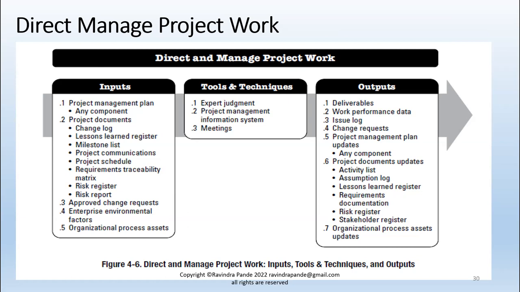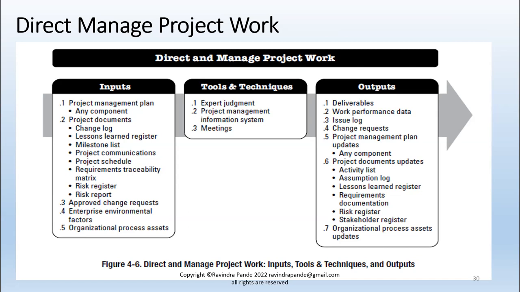And then there is the project management plan update, covering any components, including deliverables, which also have a milestone attached to them. Work performance data is the efficiency of each and every resource; issue logs, change requests, whatever has been updated will get reflected in our project management plan or project document updates for that matter. Any added activities, or activities that are no longer needed, we can remove.